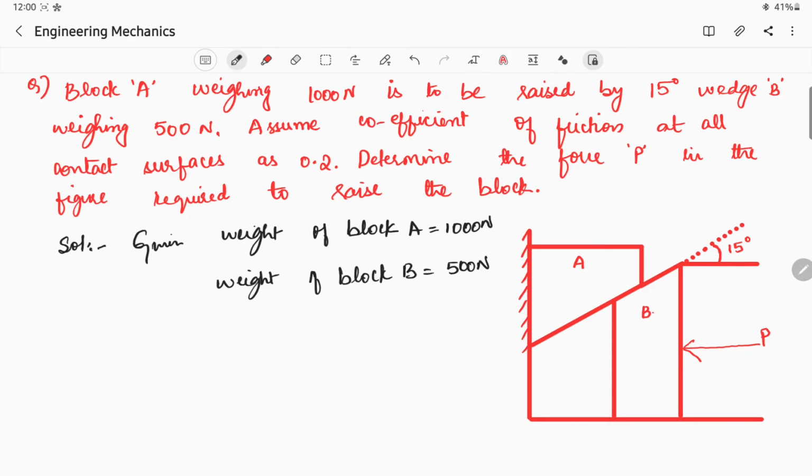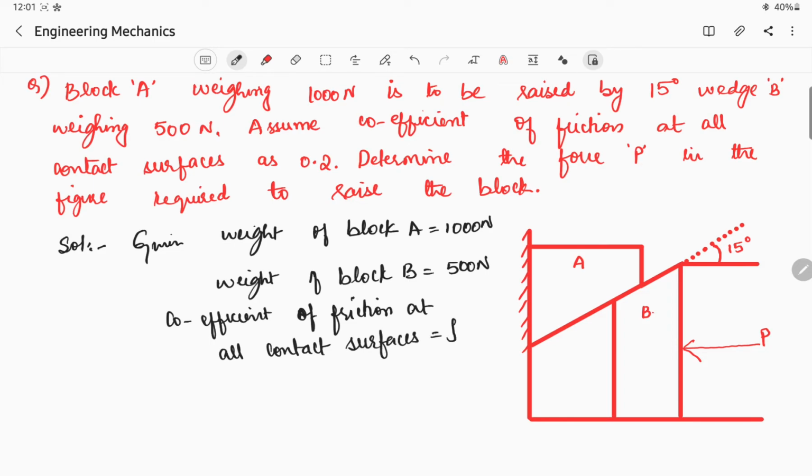Also the coefficient of friction at all contact surfaces, that is small f, is given to us as 0.2. And we have to calculate this force P. The angle of the wedge is given as 15 degrees.